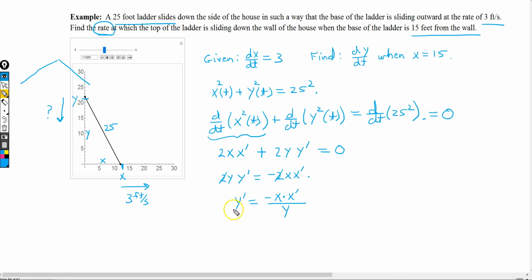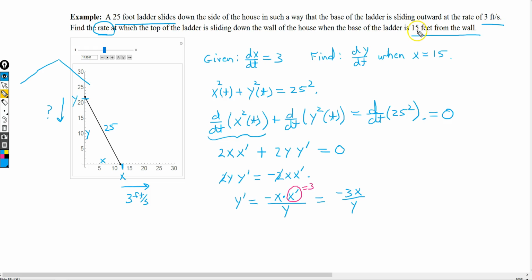Now we need to solve for y prime when x is 15. We're also given that x prime is 3, right? This is the dx dt. So we could put a 3 in here for the x prime. That right there is 3. And so we can simplify this as negative 3x over y.